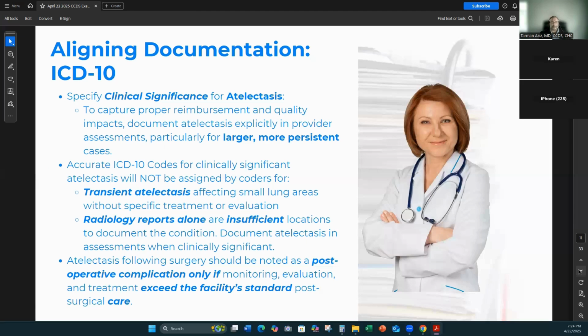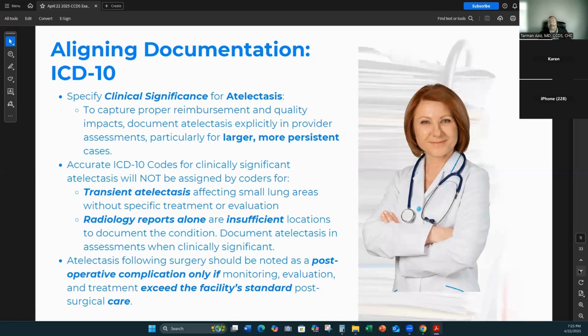You wouldn't bother with those transient examples. But if you see a little bit more treatment effort being made, perhaps a stent is placed, even to improve aeration due to large, widespread atelectasis, then it's worth considering and documenting because it is a CC complication comorbidity diagnosis for many cases when it is clinically significant.